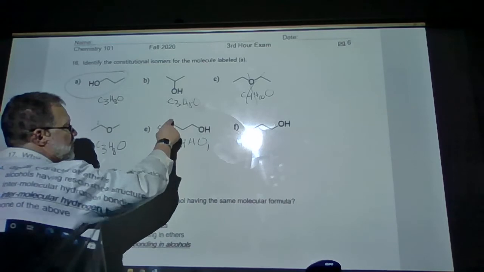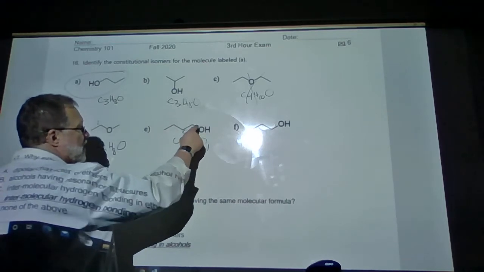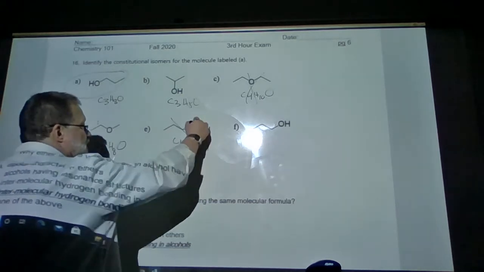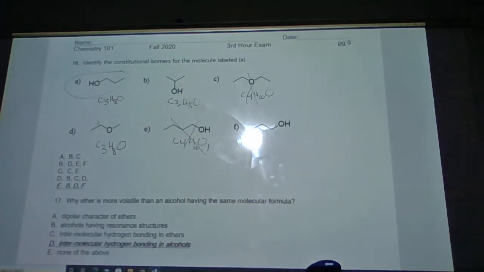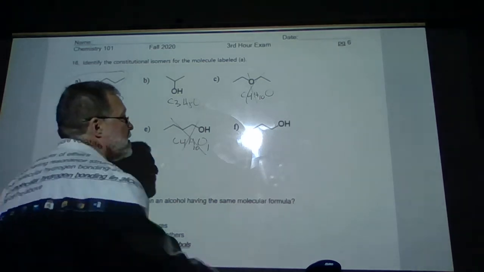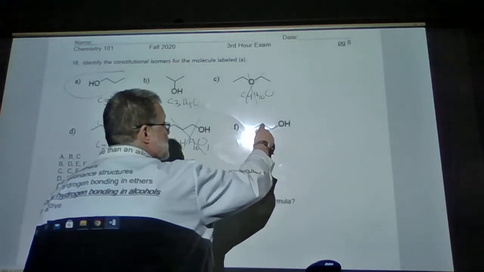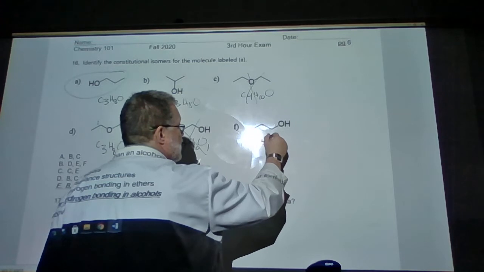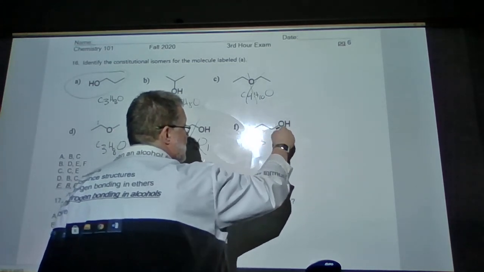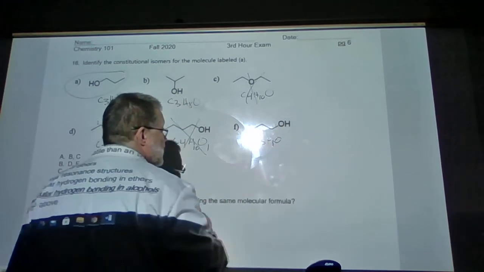We've got 1, 2, 3, 4, 5, 6, 7, 8, 9, 10. C4H10O. This is not a constitutional isomer. What about F? 1, 2, 3. C3H8O.